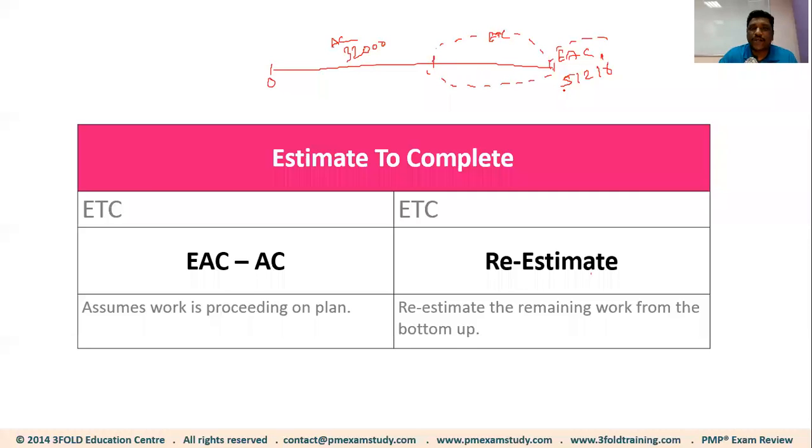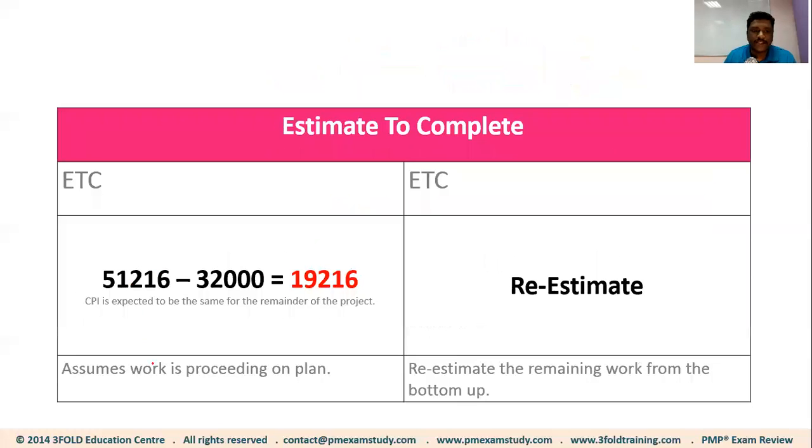Because we know the EAC already, we can take the EAC and subtract the actual cost. That's it. You can use EAC1 or EAC2 or EAC3, whichever you like. In this case, I'm using EAC1, where I take 51,216 minus 32,000. So the amount of money you need to complete the remainder of the work is 19,216.